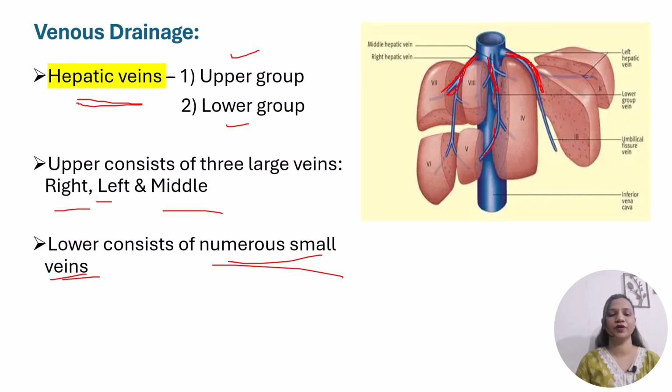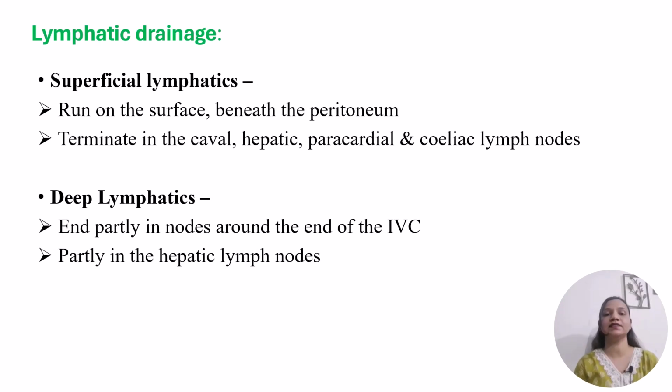So moving on, next is the lymphatic drainage of the liver. There are two types of lymphatics present in the liver, the superficial lymphatics and the deep lymphatics. Firstly, the superficial lymphatics run on the surface, beneath the peritoneum, that is why they are called superficial lymphatics.